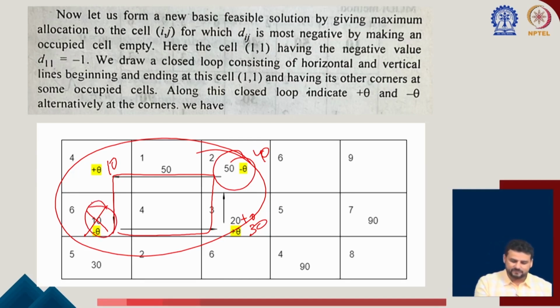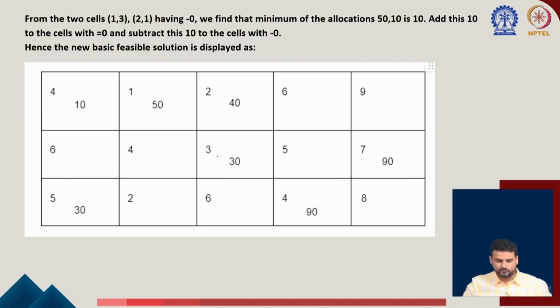We are adding and subtracting the same number of units, this is the new allocation. Earlier we were having 10 here, now that is shifted to here because it was minimizing the cost further. Now again we need to go for checking whether this is optimal or not. One iteration we have completed.